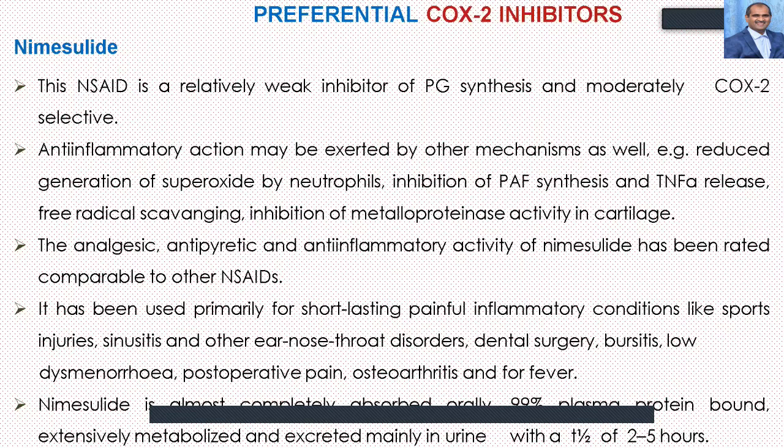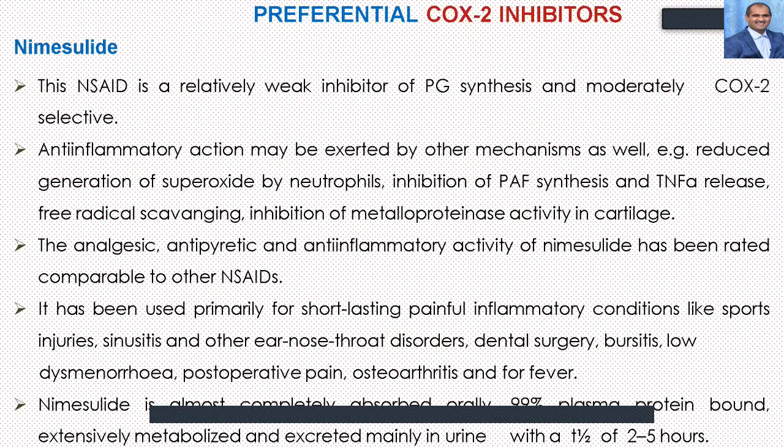The analgesic, antipyretic, and anti-inflammatory activity of nimesulide has been rated good compared to other NSAIDs, and it has been used primarily in short-lasting painful inflammatory conditions like sports injuries. If you are a runner, run for a long time and get joint injuries, then if you use nimesulide, it is going to relieve the pain.